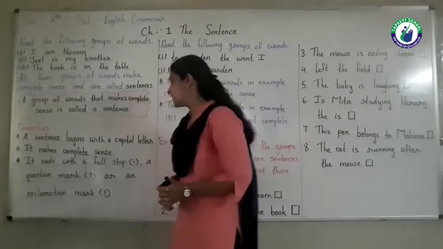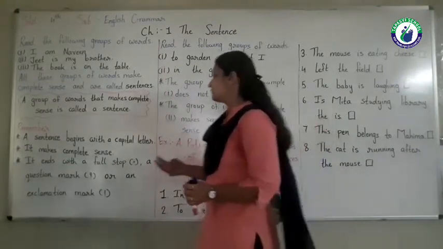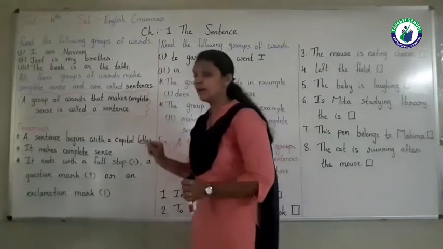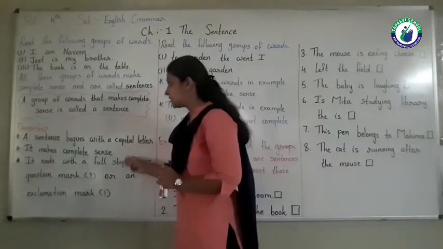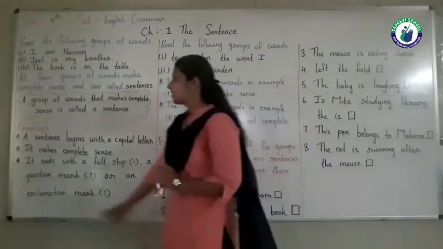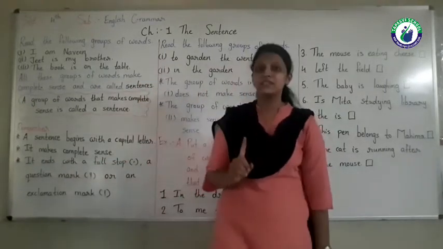Now, I'll give you 3 key points related to this. To make a sentence, you have to remember these 3 key points. Okay? Point number 1: a sentence begins with a capital letter.